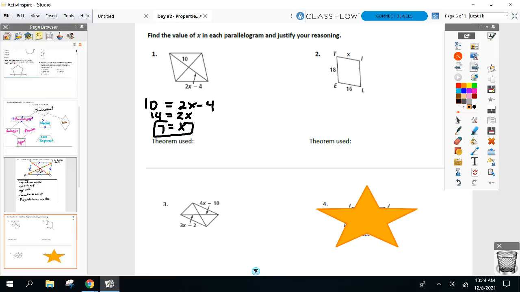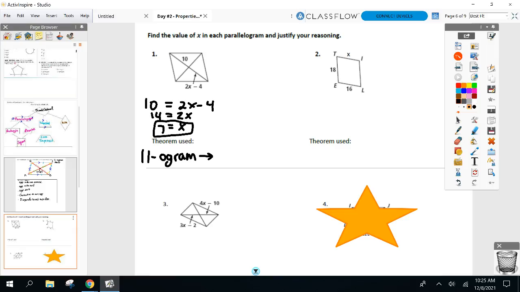Great job. You can do some simple algebra. Now it's the theorem used. What we write here right now is going to go in the reasons column tomorrow when we start proofs. What property did we use? Diagonals bisect each other, but I'm going to write a little more. Here's what I want tomorrow starting in your proofs. Parallelogram, you can use the abbreviation, implies, now you can write the property.